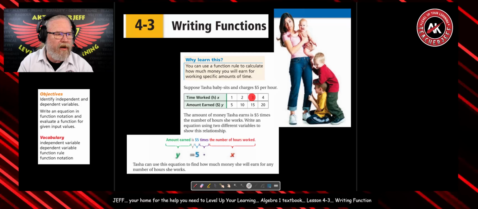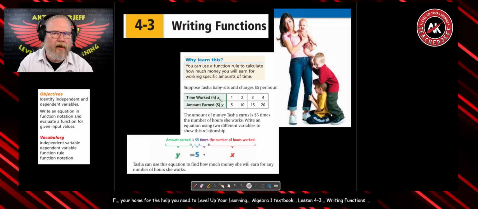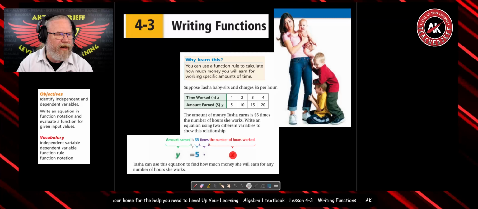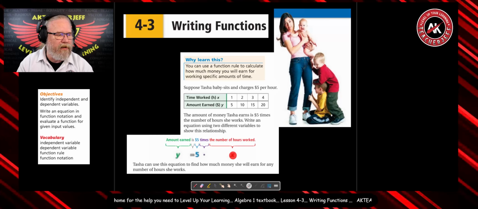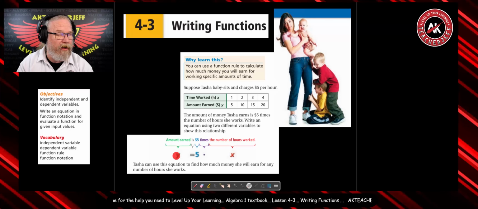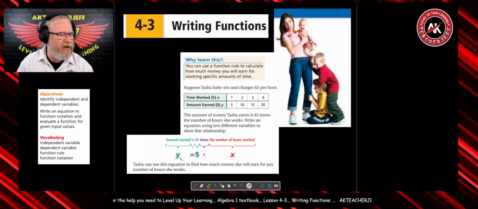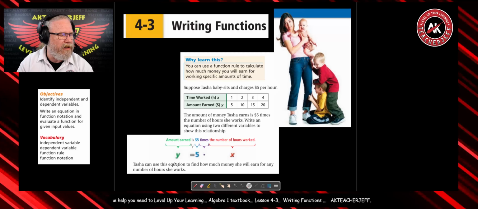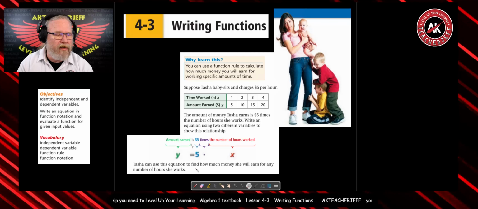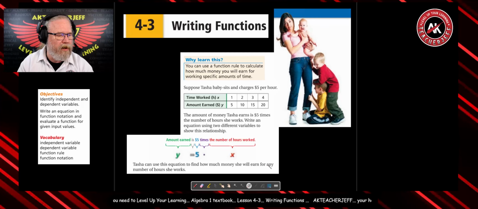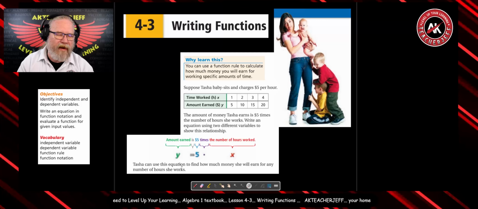She's listed the number of hours here, and we're going to use x for that. So we do have two variables, an x value and a y value, and we've created an equation of y equals 5 times x.